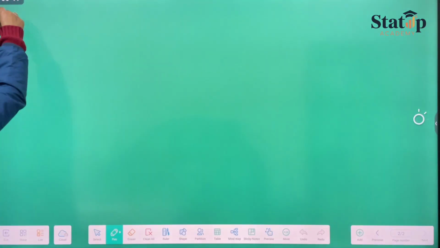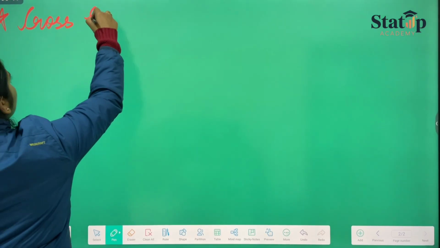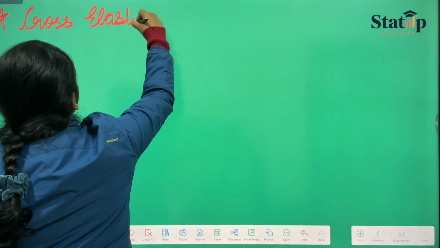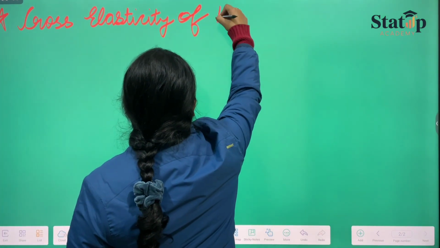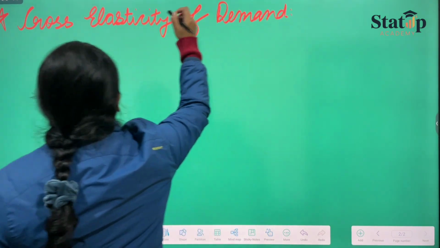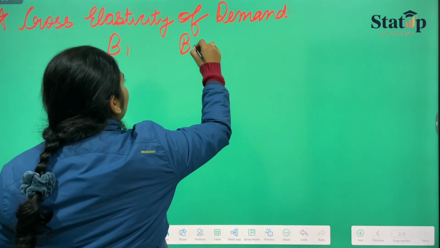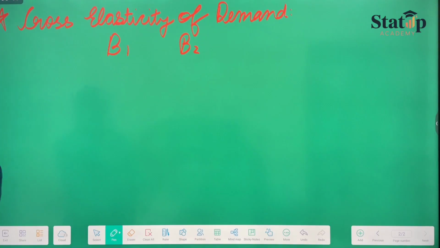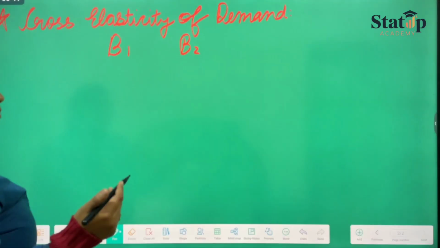Now if we come to cross elasticity of demand, suppose here also we have commodities B1 and B2 respectively, having prices P1, P2 and demands X1, X2 respectively.